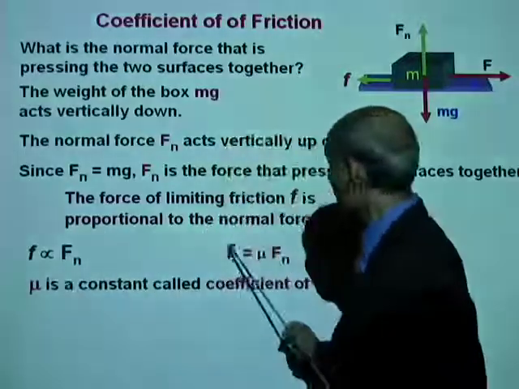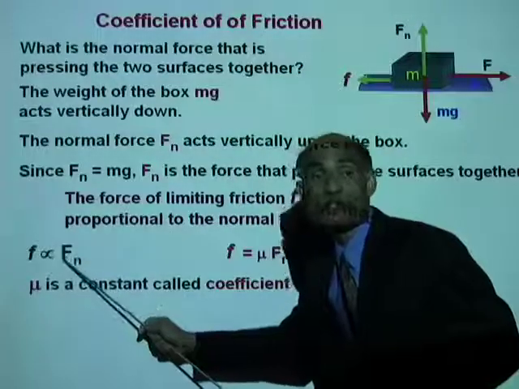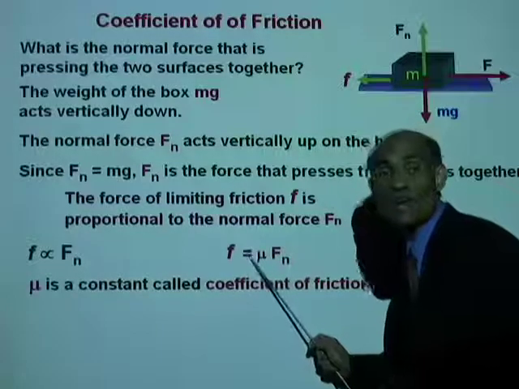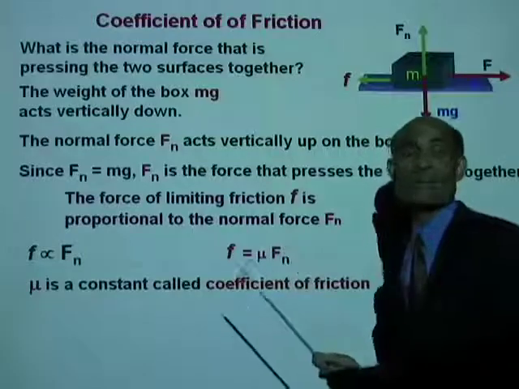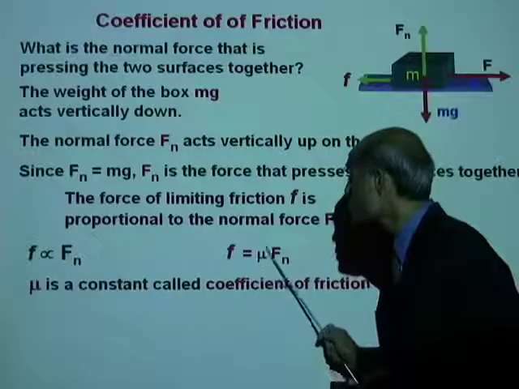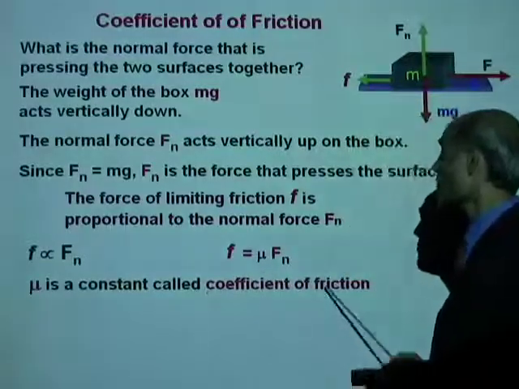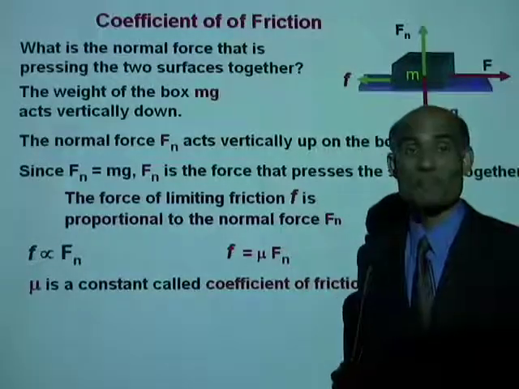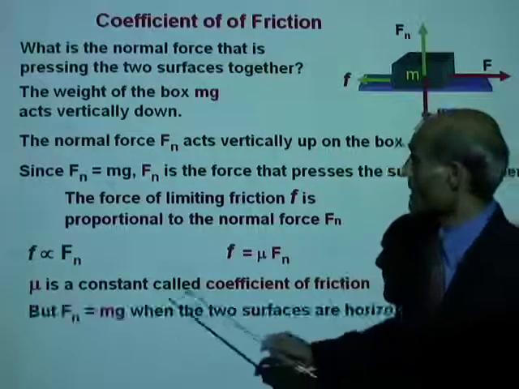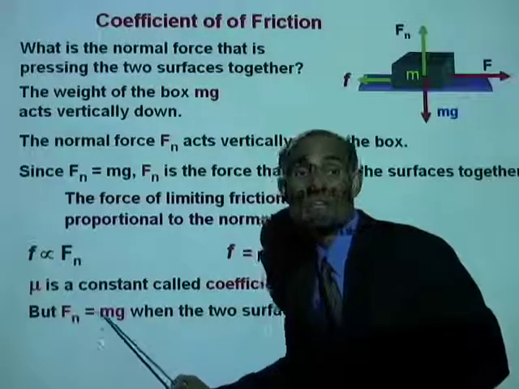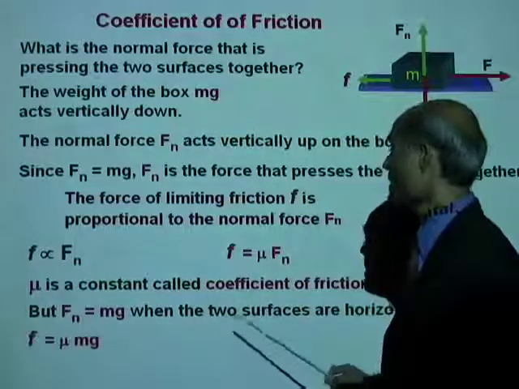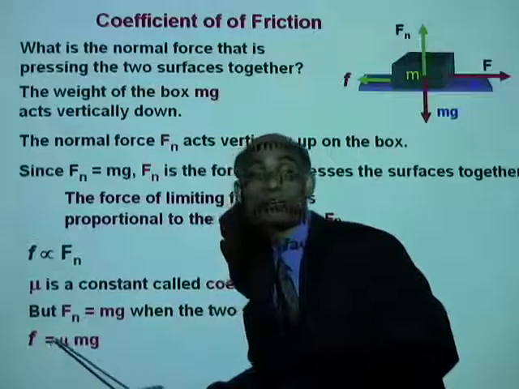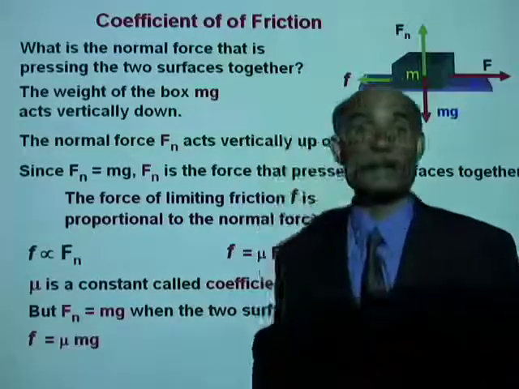So f is proportional to Fn can be written as f equal to a constant multiplied by Fn, and this constant is what we call the coefficient of friction between the two surfaces. Now, because Fn equals mg, we can write the force of limiting friction as f equal to mu times mg.